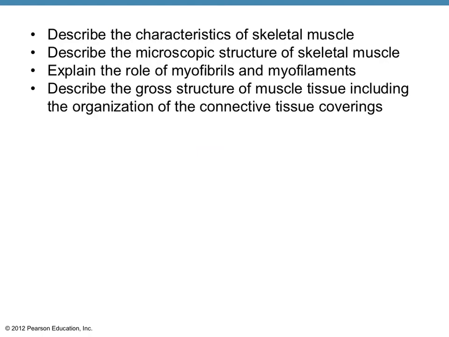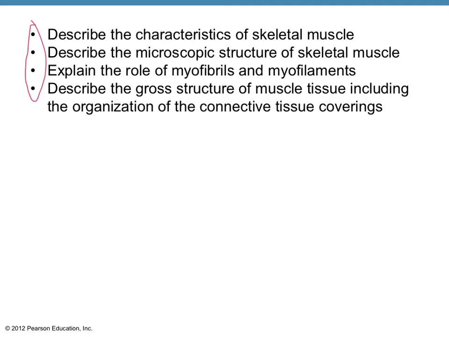So in review, you can go back, stop, pause, rewind this screencast to take a look at any of these things and review any of the material and pick up anything that you missed. But you should be able to do these four things after watching the screencast. Describe the characteristics of skeletal muscle.